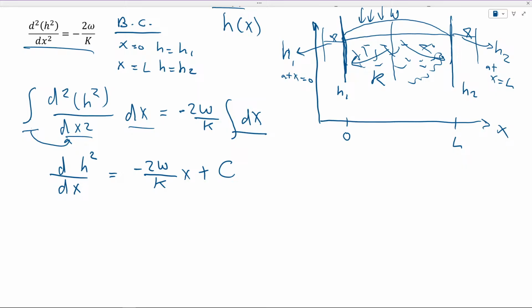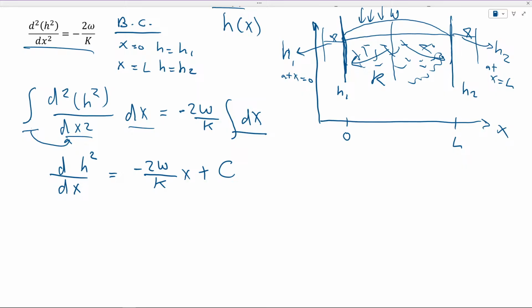Okay, so now we did our first integration. So what do we do? Well, we just do the same thing.